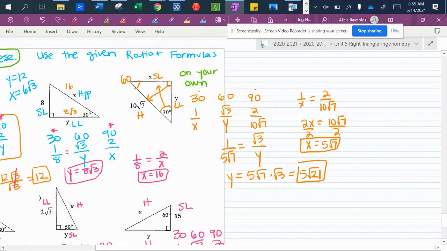Oops, sorry. So X is 5 root 7. Y is 5 root 21. And then the hypotenuse was already given.